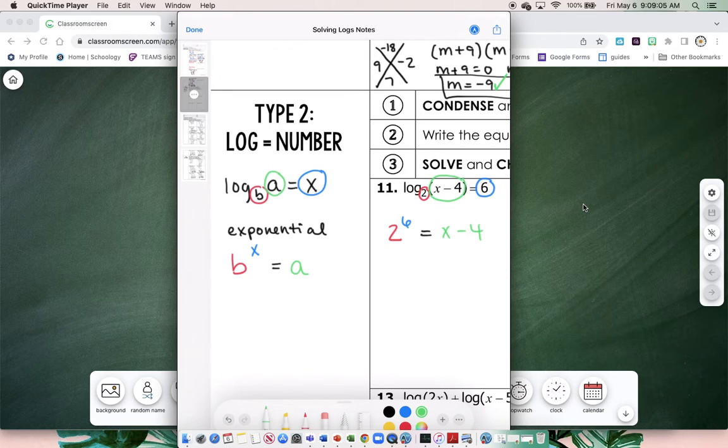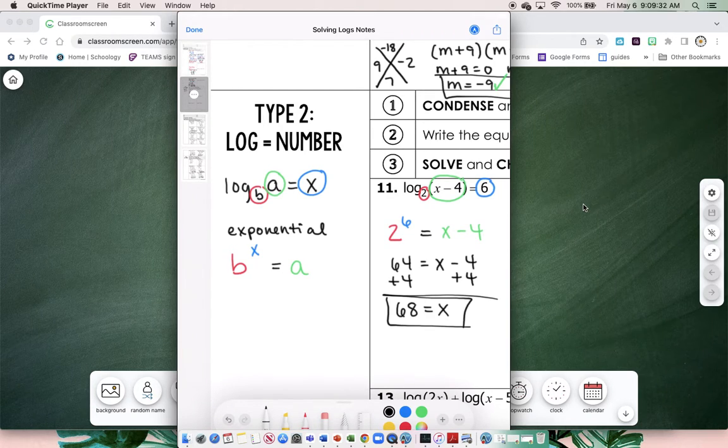Okay, 2 to the power of 6 is 64. So I have 64 is equal to x minus 4. To get x by itself, I just have to add 4 to both sides, and I have 68 is equal to x. You still have to check, is this a solution? So plug it back in.